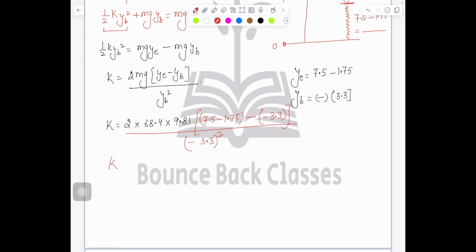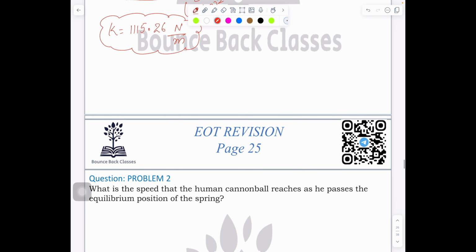Solve this value, guys. Put it in your calculator fast. So you will get 1115.26 newton per meter. Clear? Fine. Like this you need to focus. Now we have the next part, and that is the easy one.